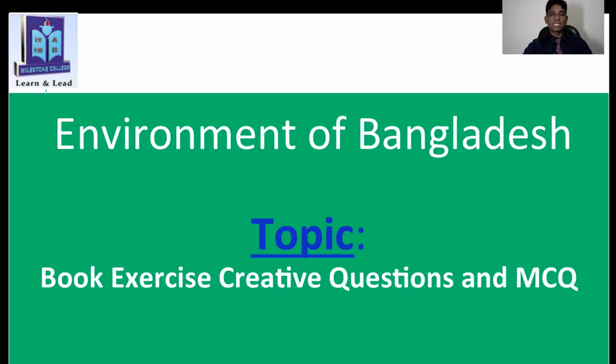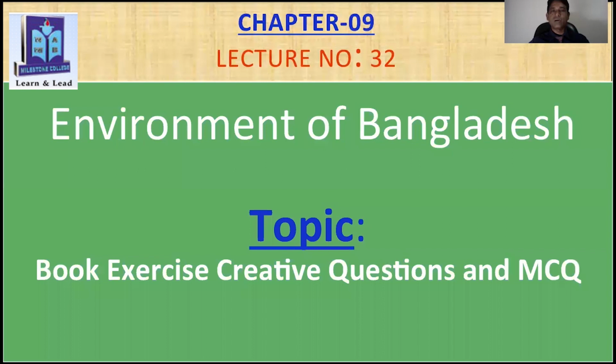The topic is book exercise, creative questions, and MCQ. So students, I will discuss from your book exercise creative questions 1 and 2, and I will also discuss the MCQ from your book. Okay, let's see. Here you can see the chapter number 9 and your lecture number will be 32, right?